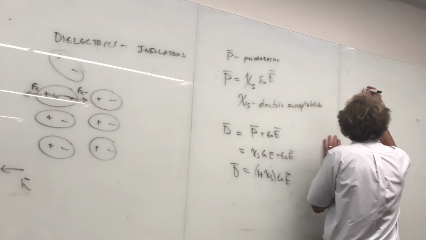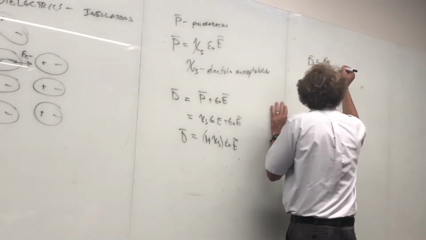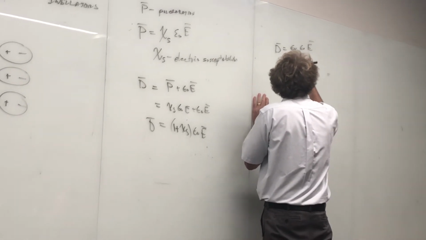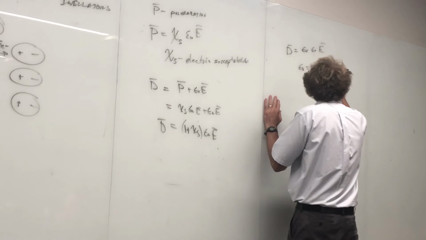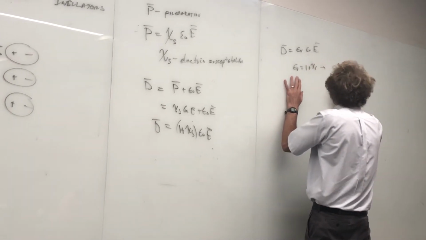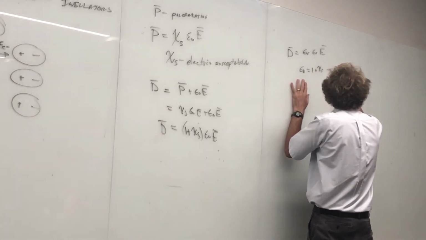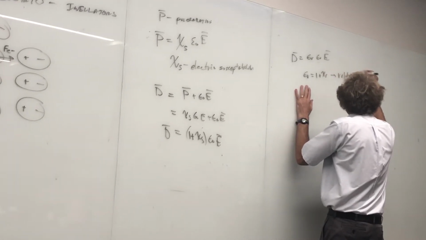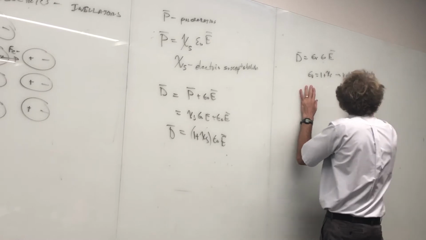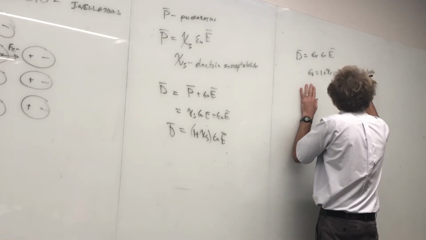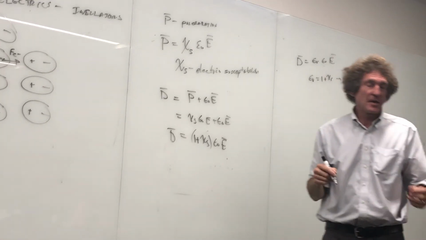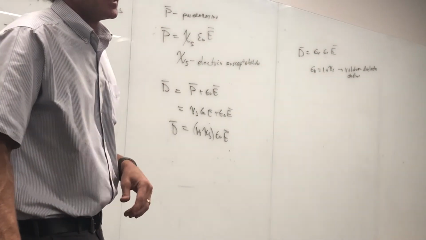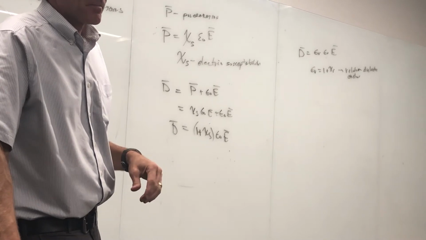Now we say D is equal to something called epsilon R, epsilon naught times E, and epsilon R is 1 plus the electric susceptibility. And this is given the term relative dielectric constant. It's a figure of merit on how much better the dielectric can store energy than free space can.